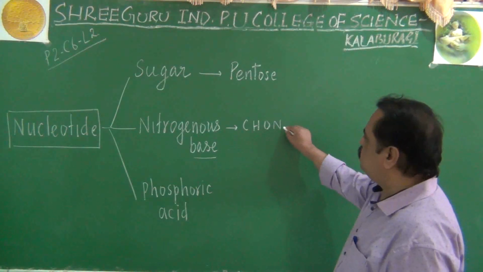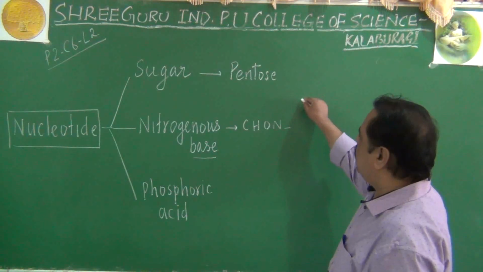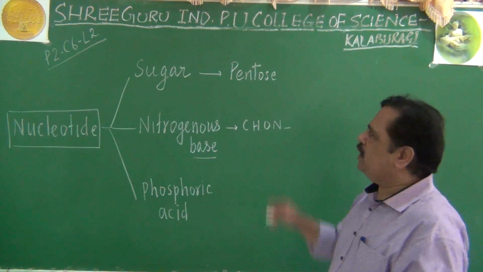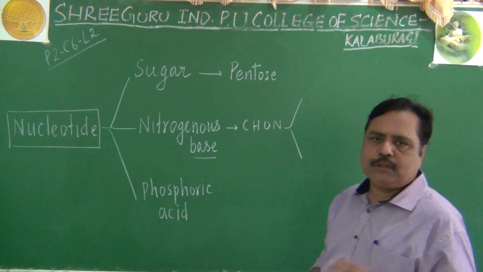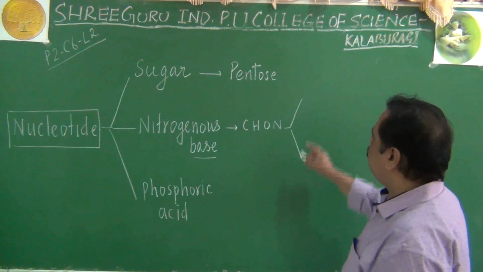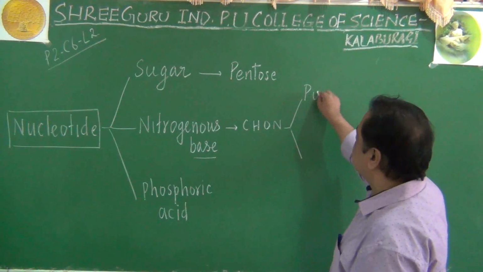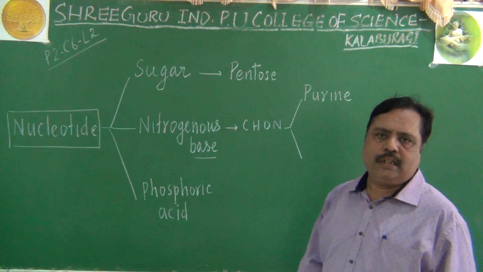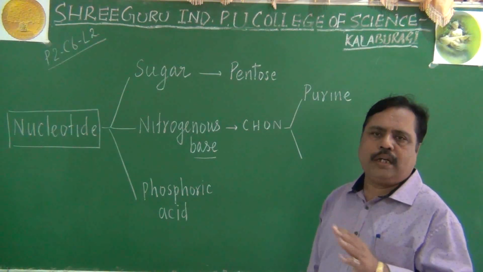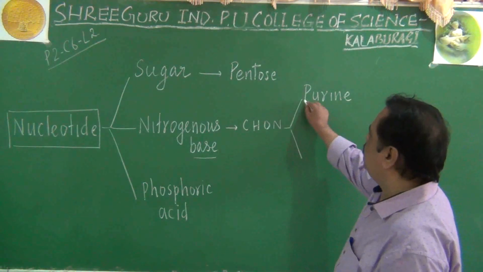This nitrogenous base can also be of two types, just like sugar is of two types. One of the nitrogenous bases is called purine, P-U-R-I-N-E.